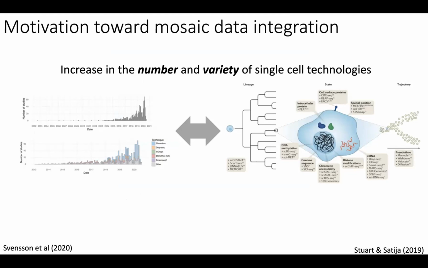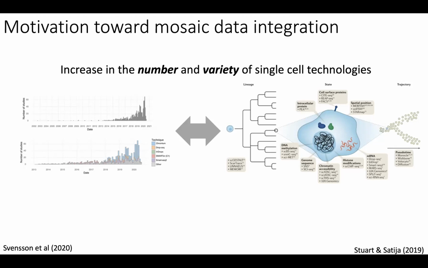But in addition, we're also seeing an increase in the variety of different types of single cell technologies. And with that is an increase in the variety of the features that we're actually extracting from the resulting data sets. Along the right here, you can see this schematic of a cell, and these are all the different types of omics that we're able to extract from cells at present.